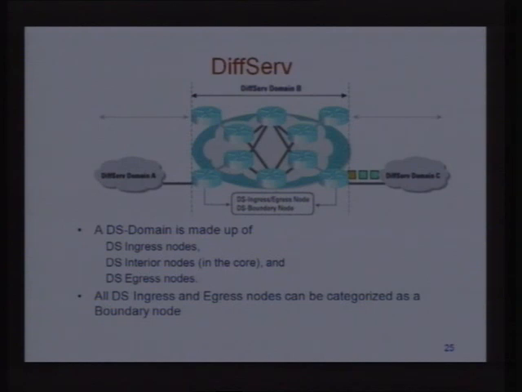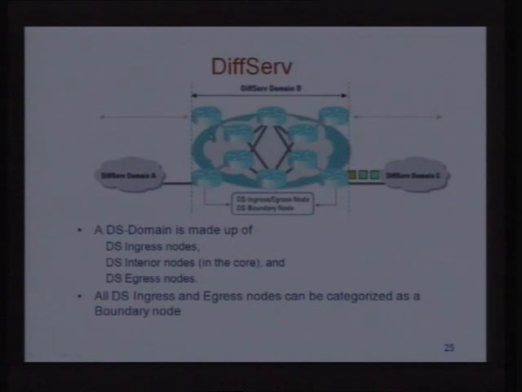When we are talking of Diffserv, we talk of the Diffserv domain. All these parameters, all these principles which we have talked about for QoS, are applicable in the Diffserv domain. Now the Diffserv domain is made up of ingress nodes, egress nodes and interior nodes.